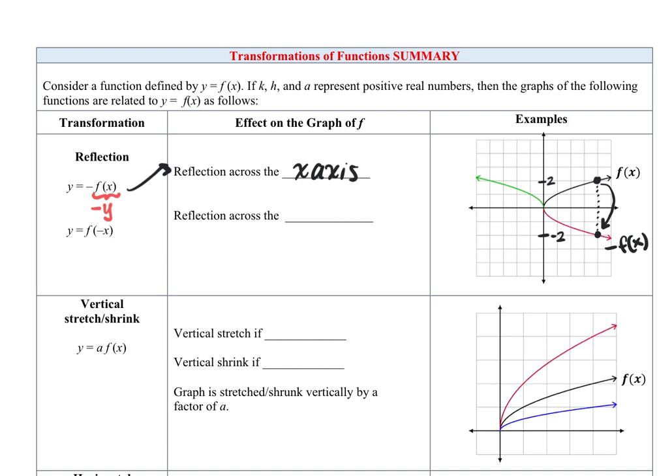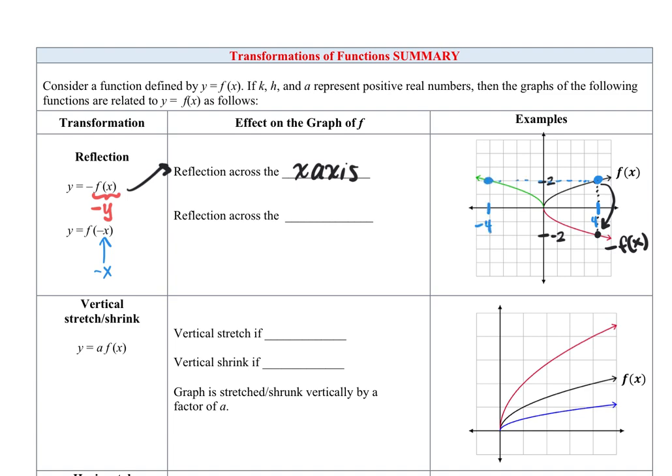Now look at the difference. f of -x means we're multiplying our x values by -1. So the x values are going to change sign. So once again, if we look at that same coordinate that we had started with before, my x value here is +4. So if the x value becomes negative, then that means that this point jumps across and becomes this point over here.